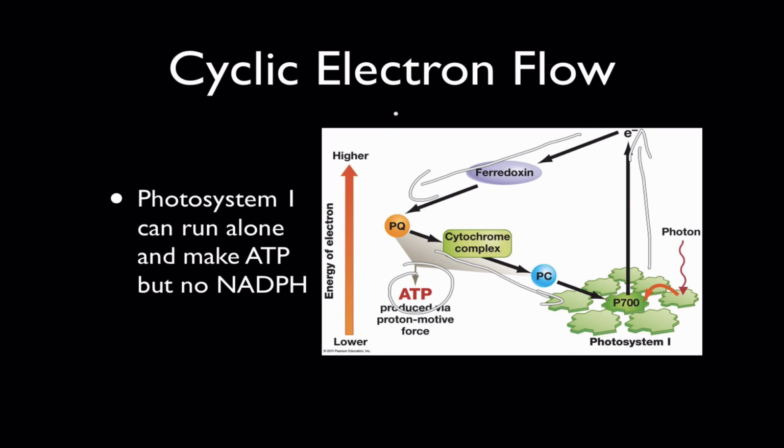So cyclic electron flow is just photosystem 1 running all by itself. And plants certainly can do this if they just need to make ATP for respiration needs and all that stuff. NADPH is a product that you do not get out of cyclic electron flow.